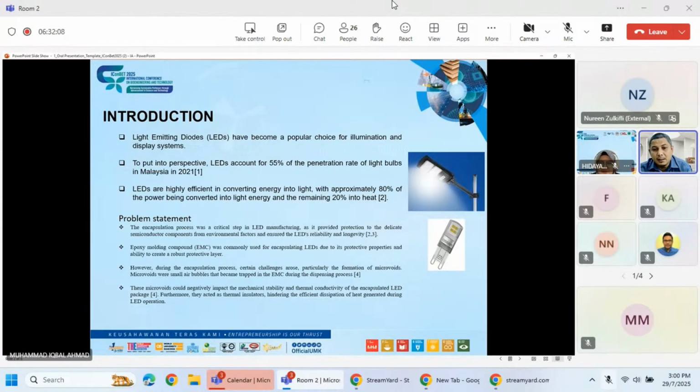This leads to mechanical stability and connectivity issues. It doesn't convert to light energy, and in the worst case becomes a thermal insulator, hindering efficient heat distribution because of the micro voids.